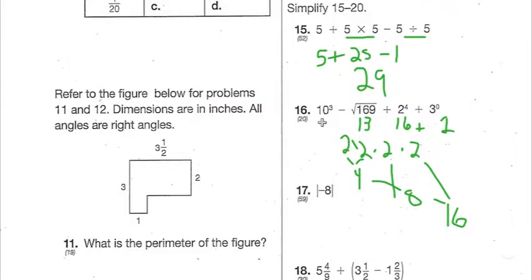And then we also had 10 to the third here. So 10 to the first is 10, right? 10 to the second, we're going to add another 0. 10 to the third, we're going to add one more 0. So we have 1,000 minus 13 plus 16 plus a really ugly 1.